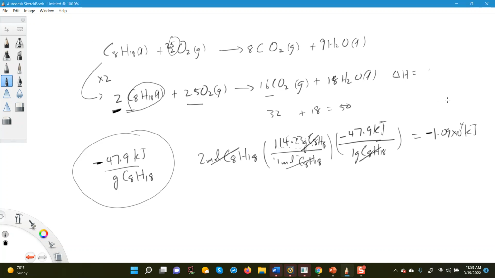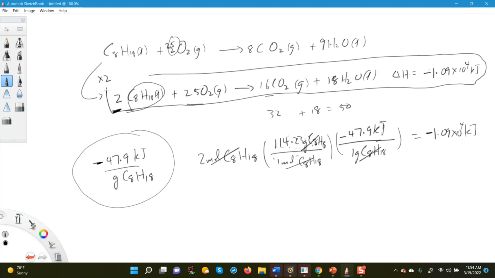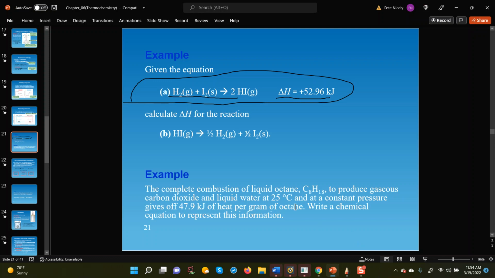Go back to my pen function. So the delta H value that should go here, where the delta H is right here, is minus 1.09 times 10 to the 4 kilojoules. All right? And that's basically it. So the final answer would be what I'm putting in the box right here, or what I'm circling here. That would be the final answer. All right? Okay. So that's basically how that example is done.